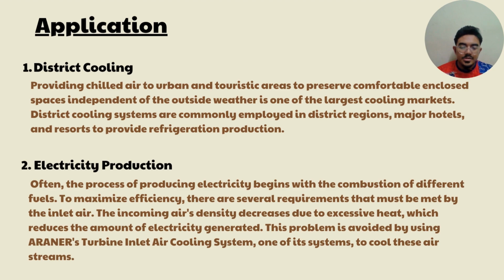The refrigeration system is also used in the production of electricity in a way where when the electricity is generating, there obviously will be a hot temperature outside of the system. Refrigeration system is used to lower the temperature outside of the electricity production system to increase the efficiency of the production of electricity.